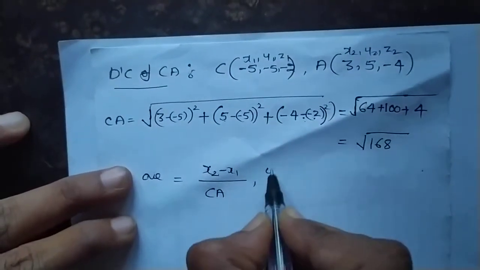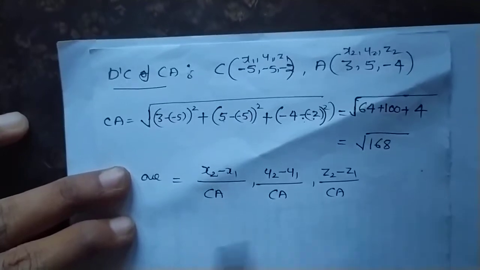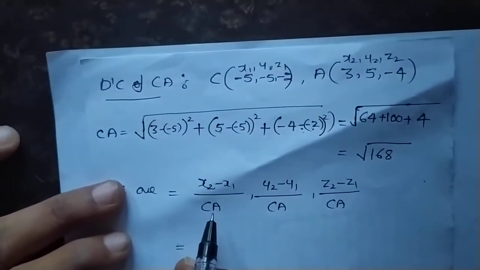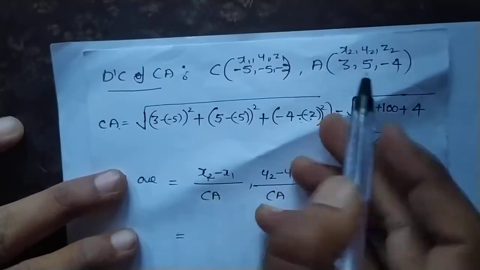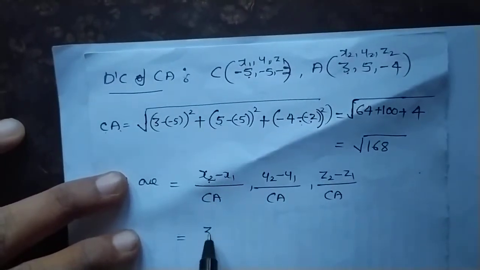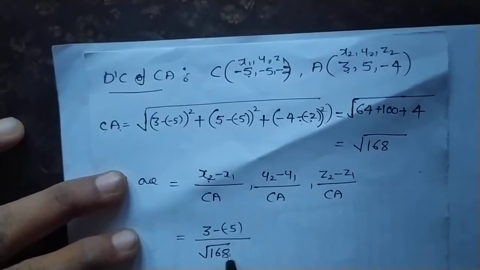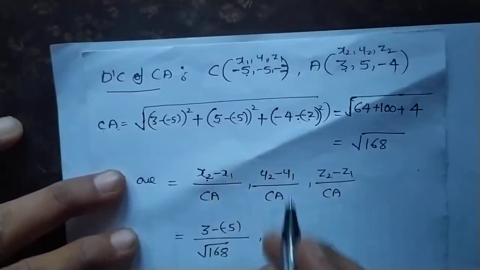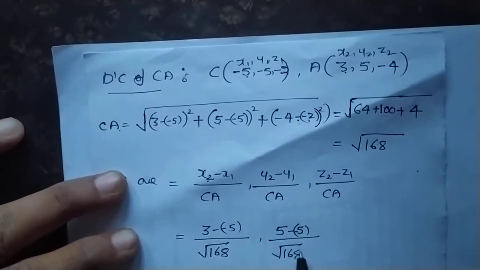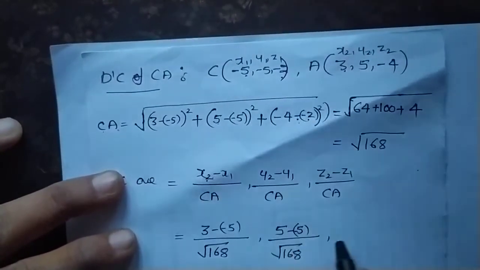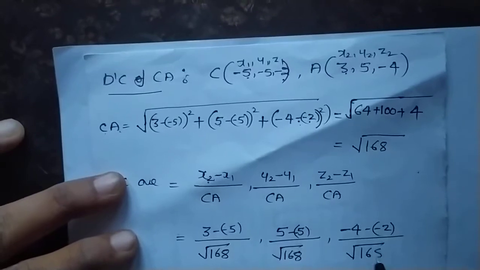Now substitute the values of x1, y1, z1 and the distance CA. 3 minus of minus 5 divided by square root of 168; 5 minus of minus 5 divided by square root of 168; minus 4 minus of minus 2 divided by square root of 168.